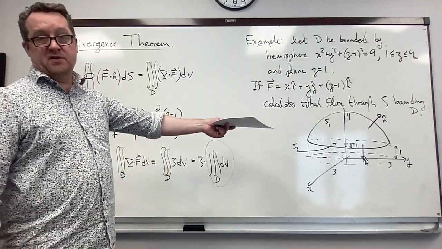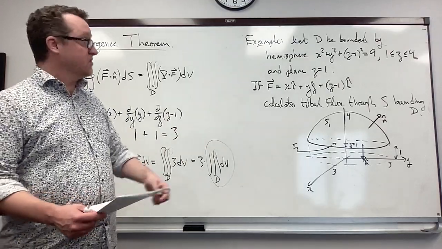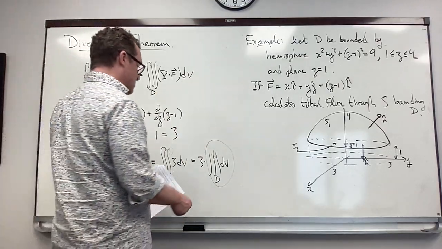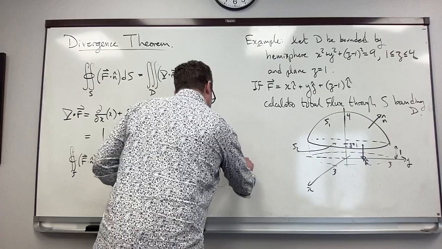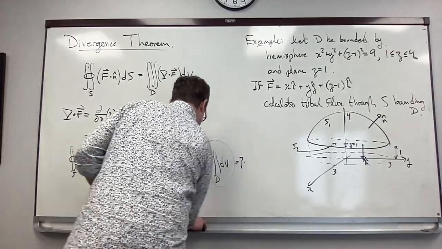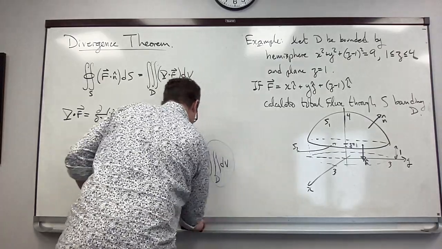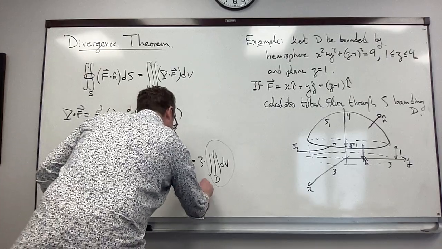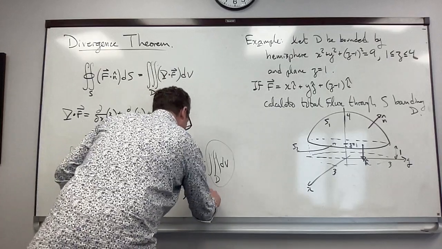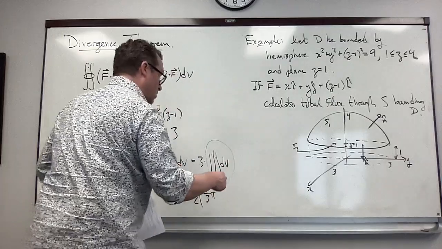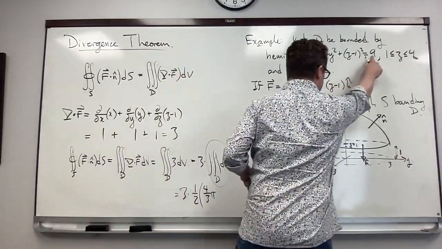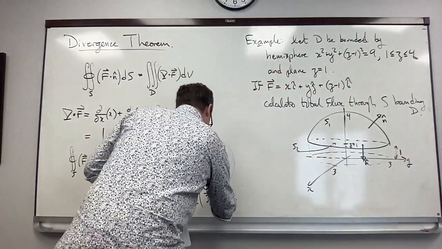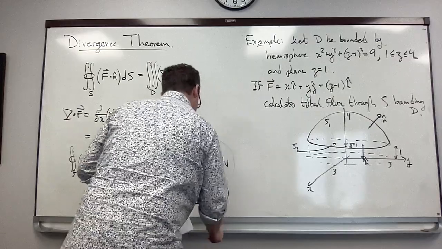What's the volume of that region? Well, it's 1/2 the volume of a sphere of radius 3, right? So this thing would be 3, let's add 3, right down here, 3 times 1/2 the volume, 4/3 pi r cubed. R is 3 here. So 3 to the 3rd, right?